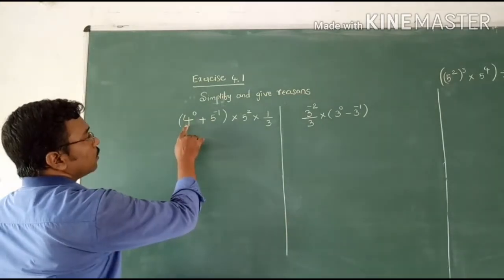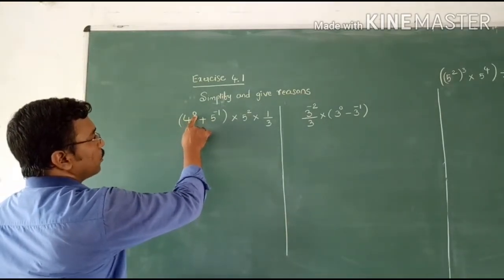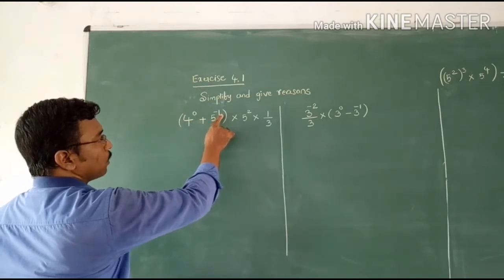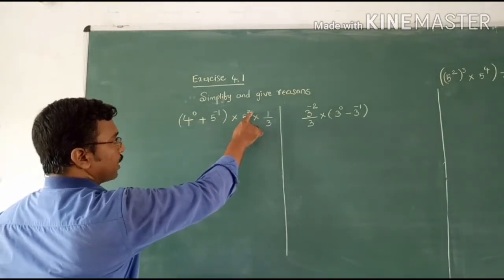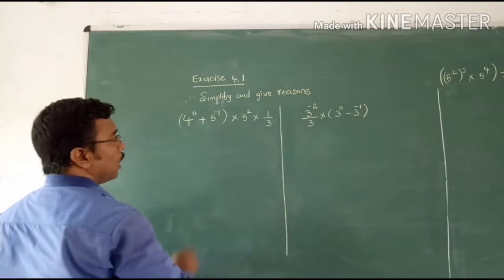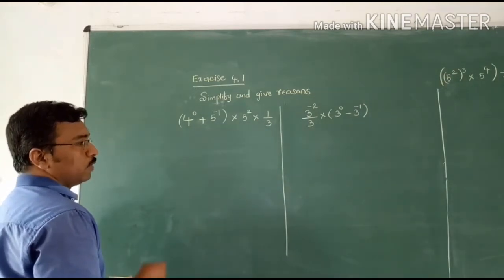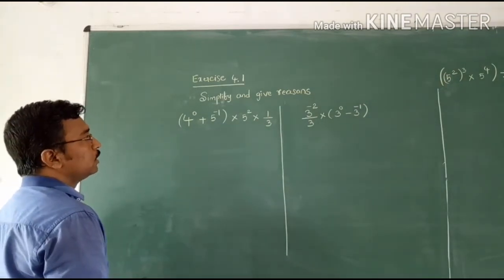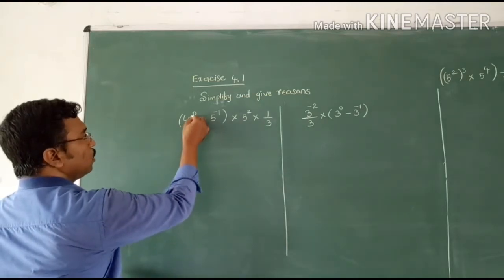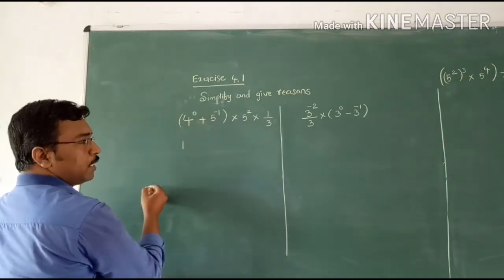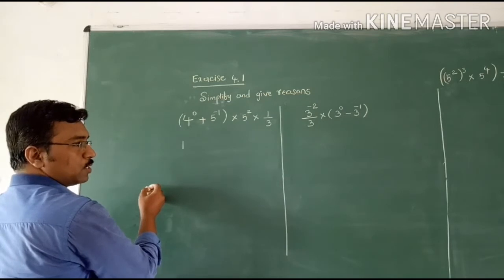See here, the first problem, 4 power 0 plus 5 power minus 1, into 5 square, into 1 by 3. How we will do this? So we have already learned the laws of exponents. See, 4 power 0, any base to the power 0 is equal to 1.